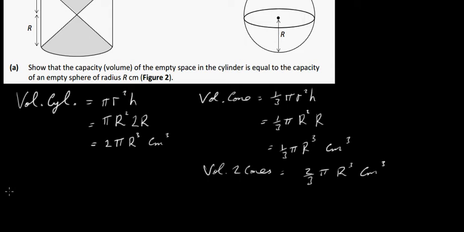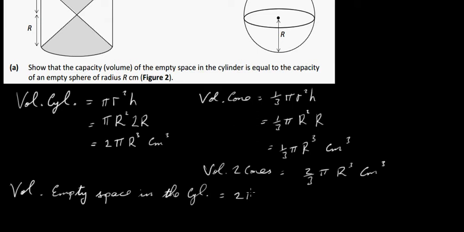So that means the volume of empty space in the cylinder is going to be equal to the volume of the entire cylinder, minus the volume of the two cones. So it's going to be 2 pi r cubed minus 2/3 pi r cubed.